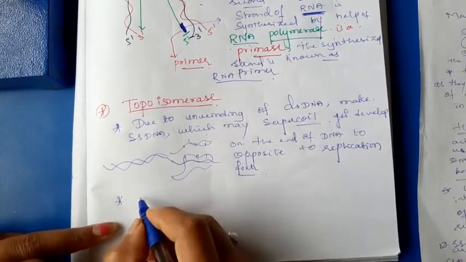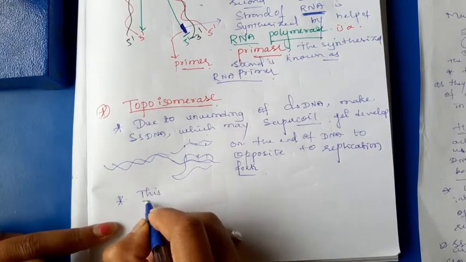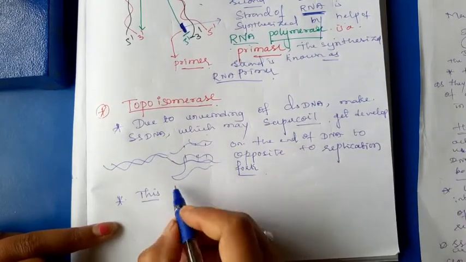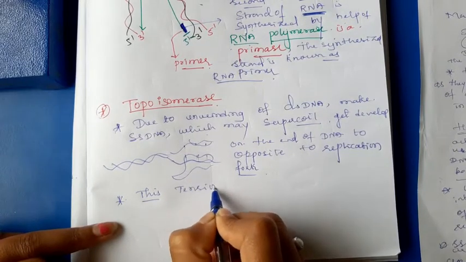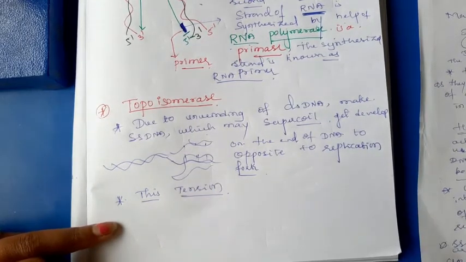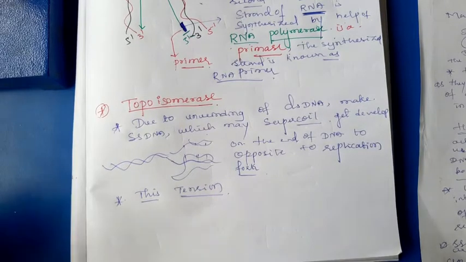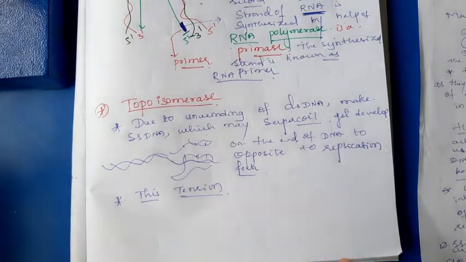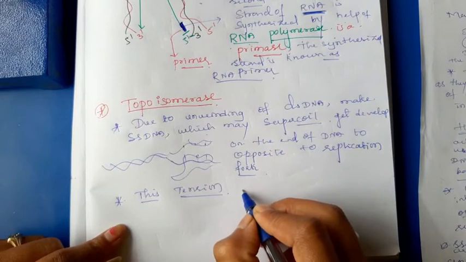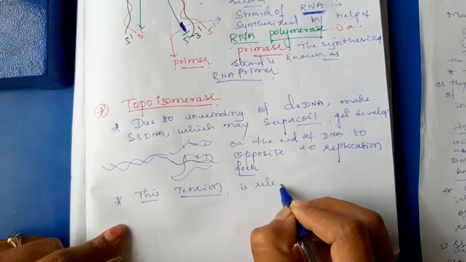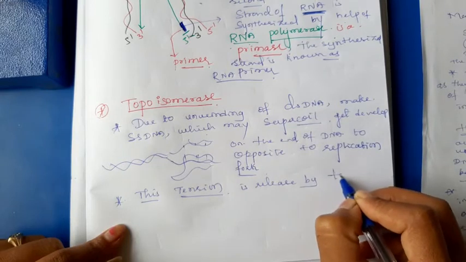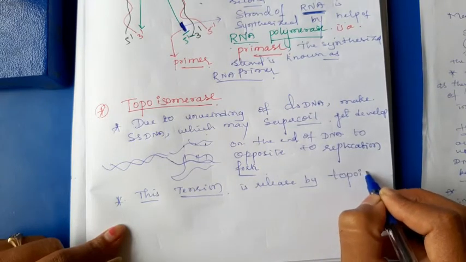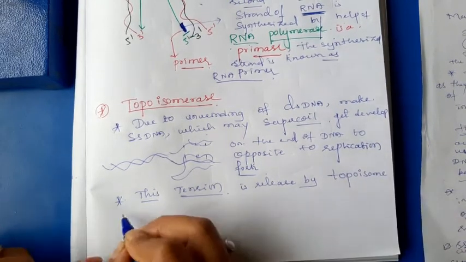The supercoiling is nothing but tension. That is not actual tension for human beings; tension means it is something coiled. This tension is released by topoisomerase.